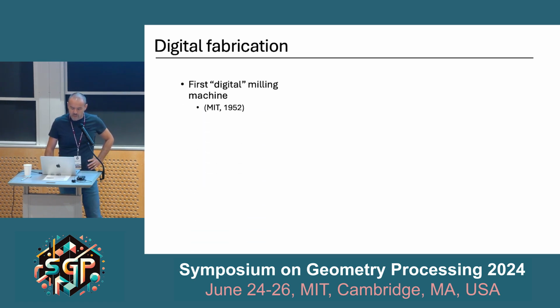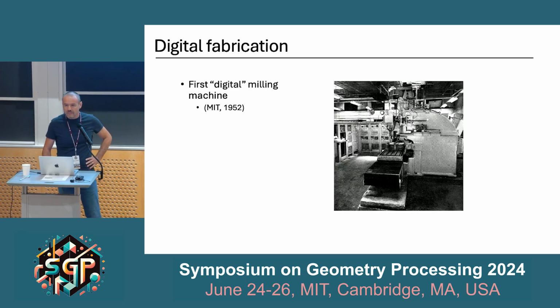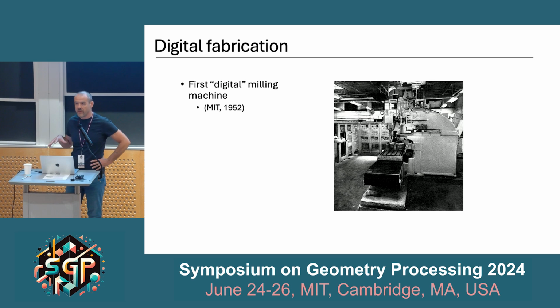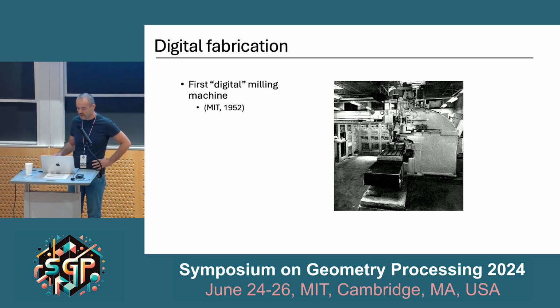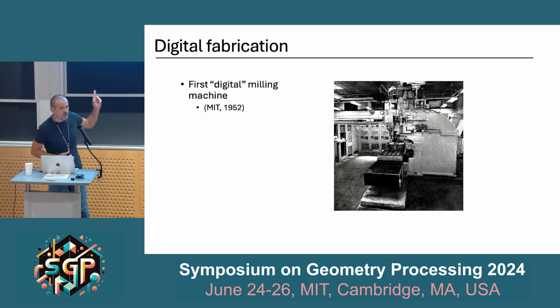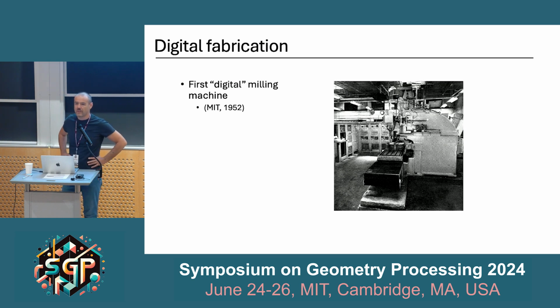And, well, historically, the first machine that enabled this kind of control was invented in this very place 72 years ago. And as you can see in this picture, it was quite larger than current modern 3D printers.